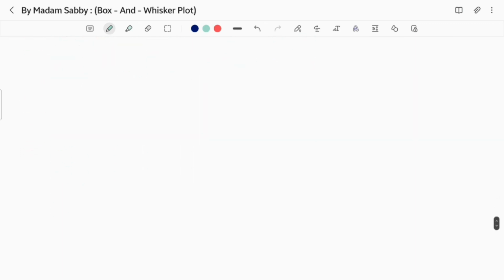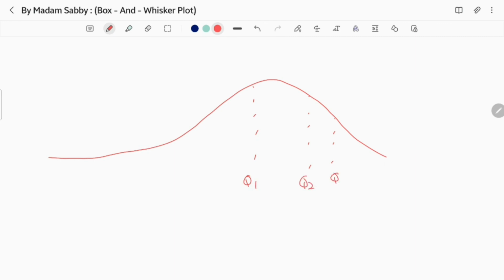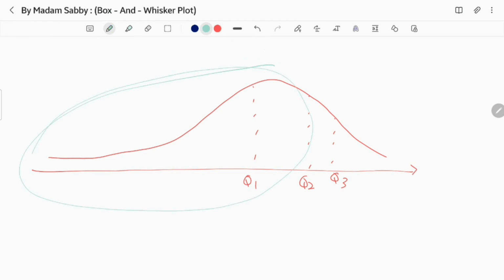The next one we have looks something like this. This is your Q1, Q2, Q3, and this is the axis. As you can see, most of the data lies on the left side, and if you refer to the graph, the left side is the negative side.